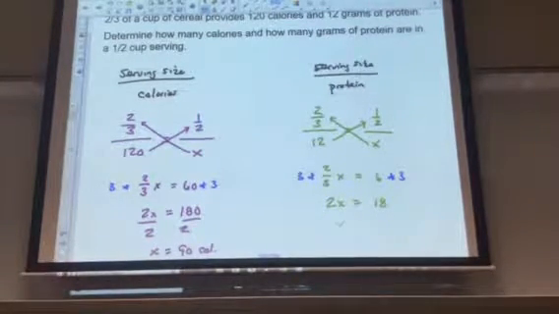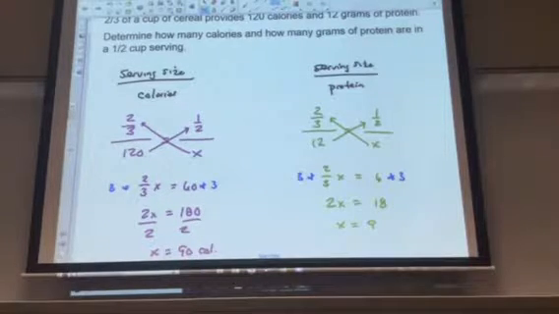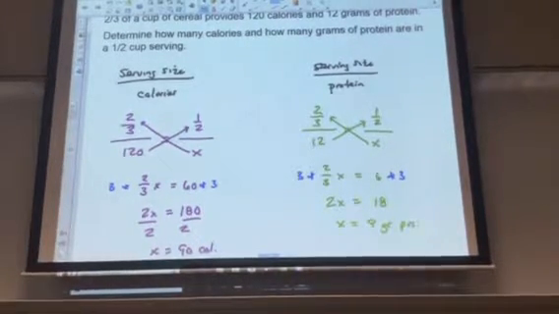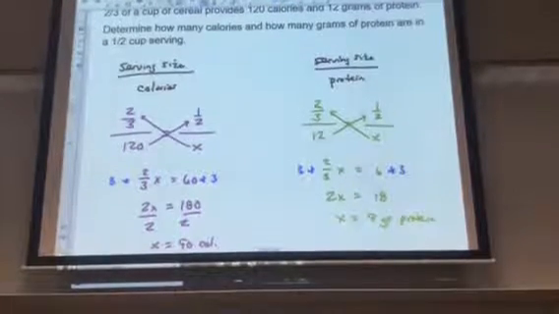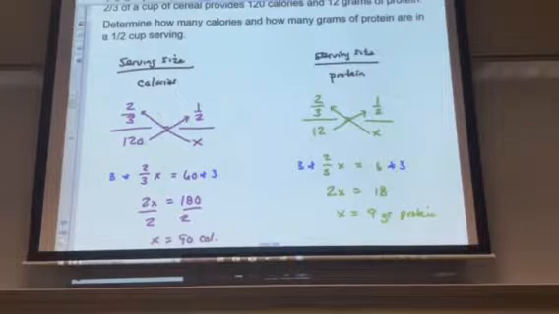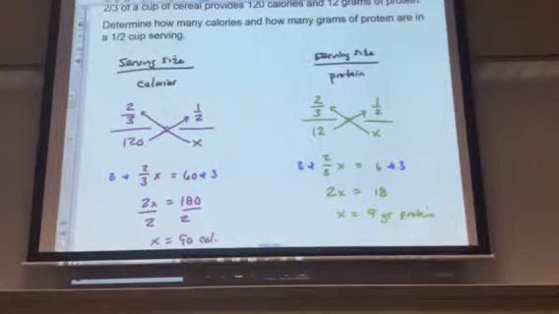So as it turns out, then x turns out to be 9 grams of protein. Something like that in a word problem is a high probability question.